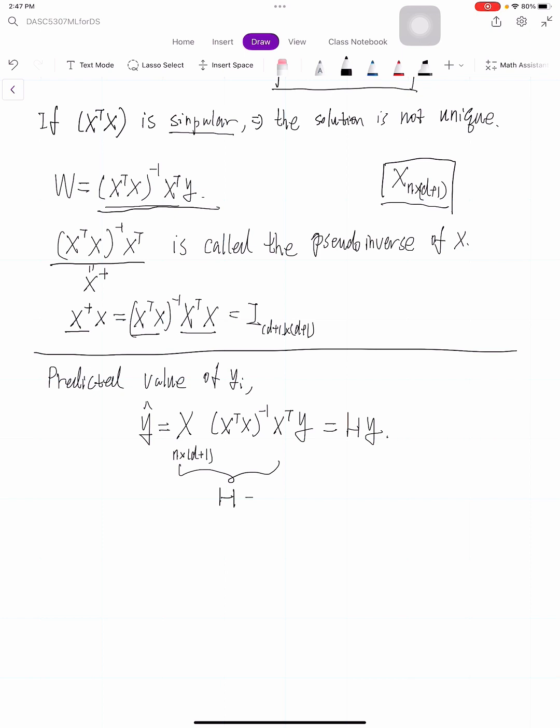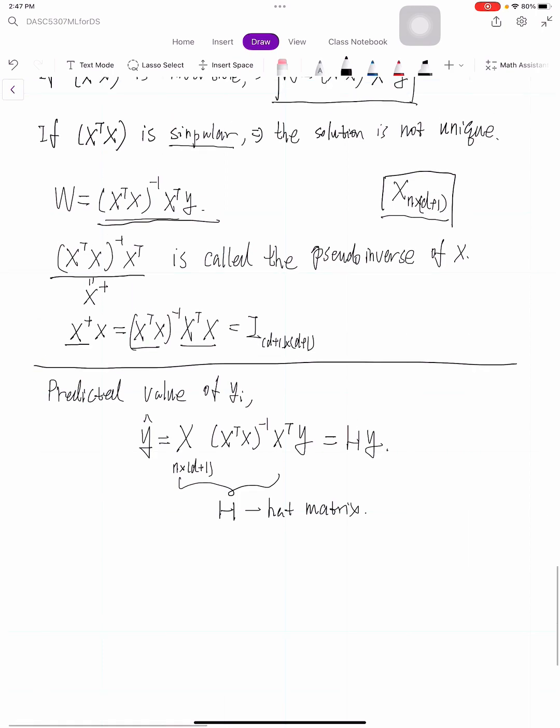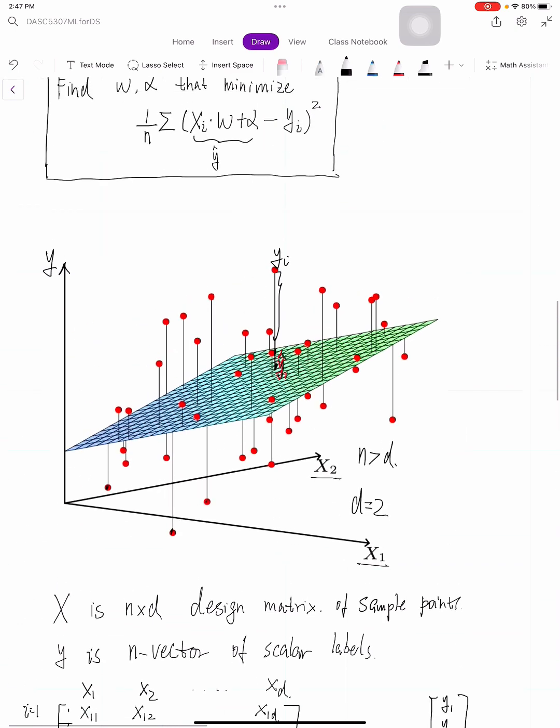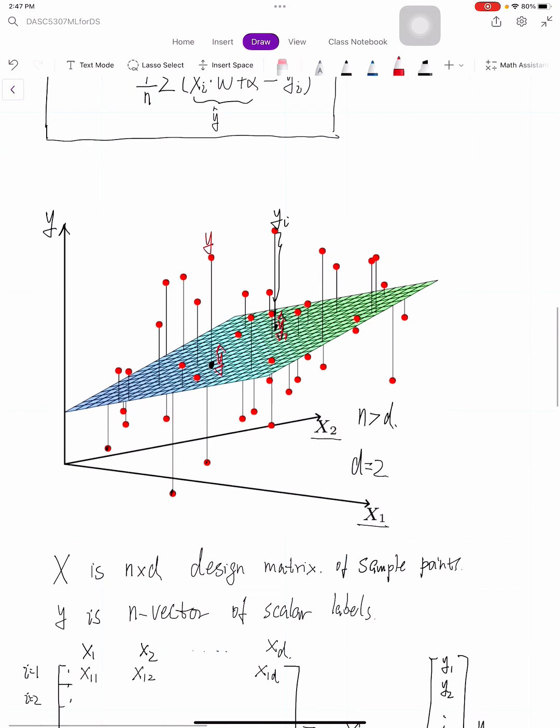This H is called the hat matrix. So what is this y hat? Y hat just tells you the value predicted by this hyperplane. It's our linear regression plane. So this is our y hat, and this is our observed y. The difference here is the residual.